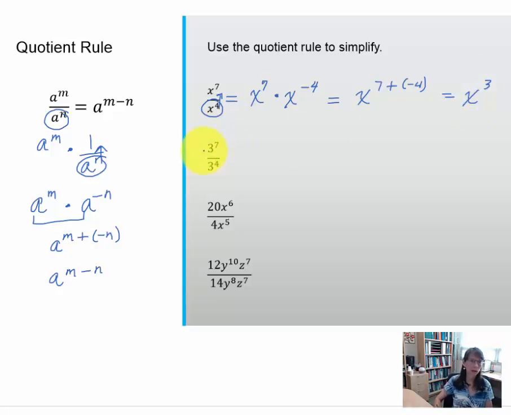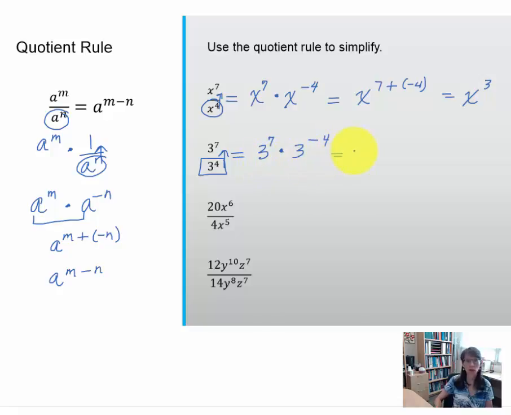In the next example, our bases are numbers, but the rule still applies. We're keeping 3 to the 7th, and we'll multiply it by shifting 3 to the 4th into the numerator. So the base of 3 remains, but positive 4 when it's shifted becomes negative 4.